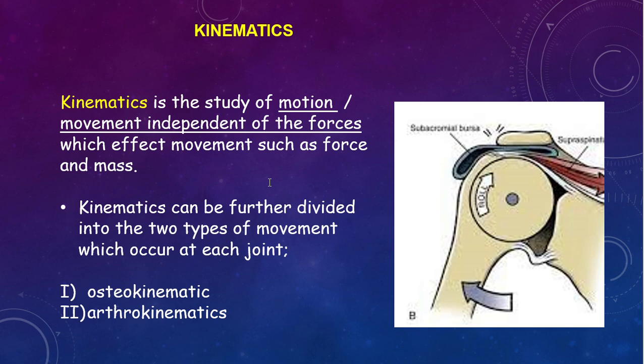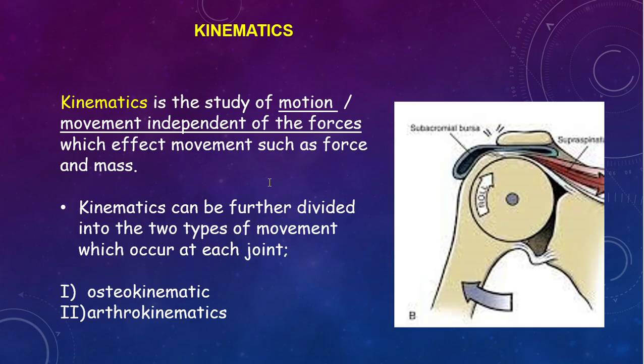Is that clear? So, this movement takes place in different parts of our body, and that's what we want to quickly look at. The two kinematics we have in the body are osteokinematics and arthrokinematics. All right. Now, what is osteokinematics?